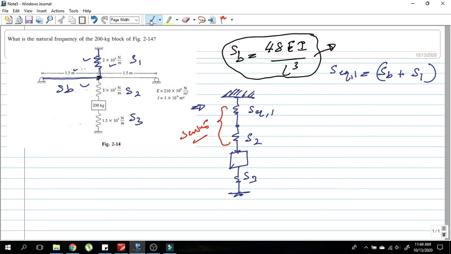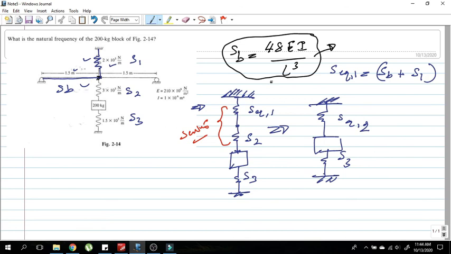Okay, and I can further simplify this system as S3 and S equivalent 2.